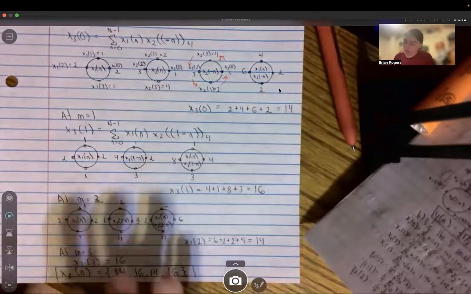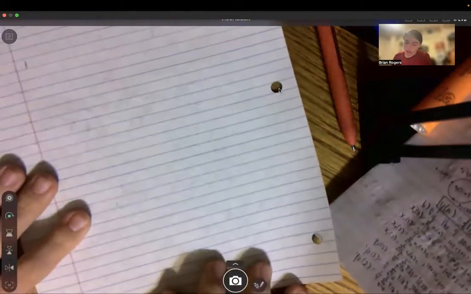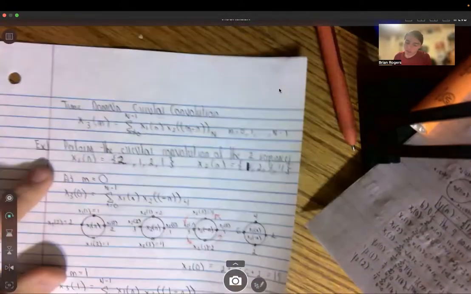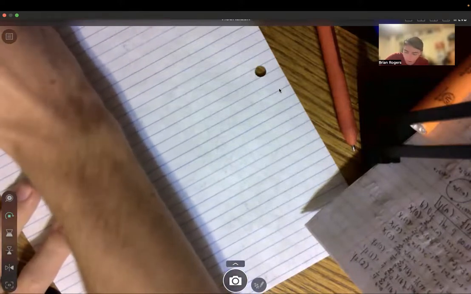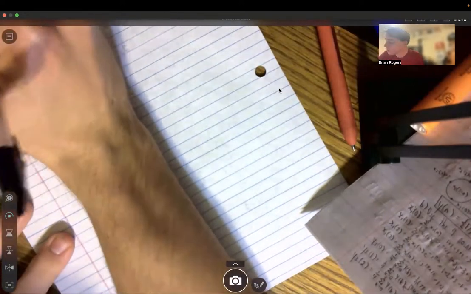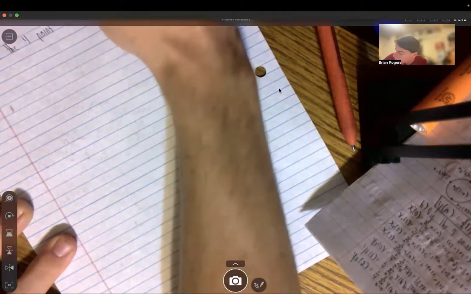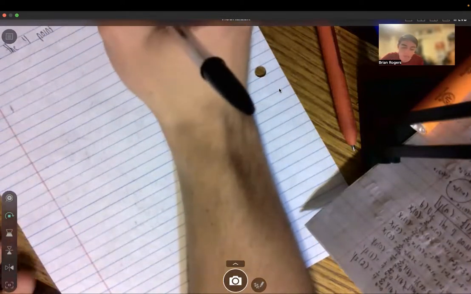Okay, for the next one, instead of the time domain circular convolution, they would say for this one, use the 4-point DFT and IDFT to calculate your result for x of n.